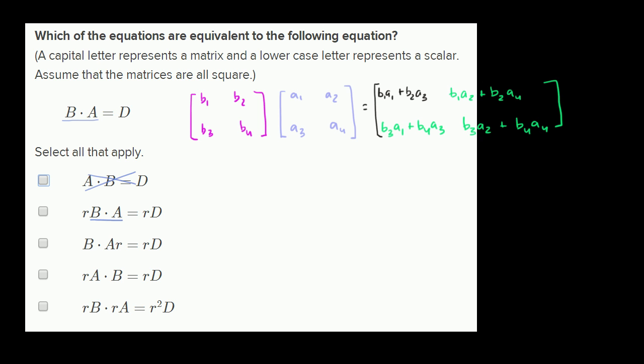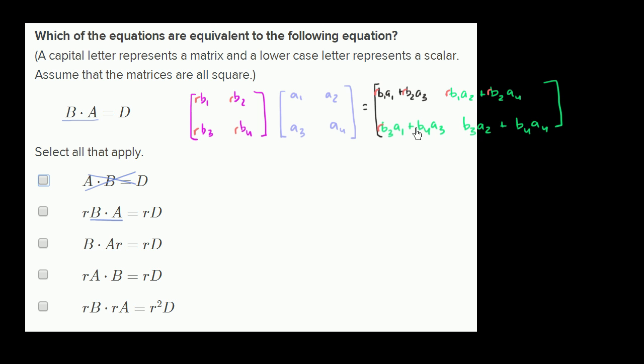But let's imagine what happens if we introduce an R. If we introduce an R right over here, then multiplying this B times R is equivalent to just taking the R and multiplying it times each of these terms. And if you did that, that's equivalent to taking every place where you see a B, you're just multiplying it by an R. There's an R there, there's an R there, there's an R there.